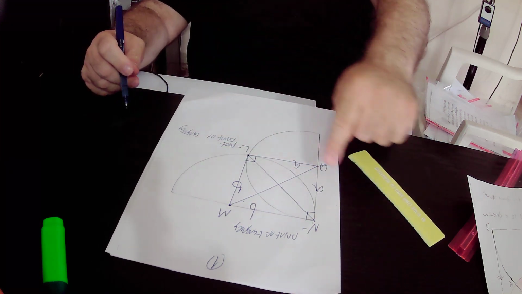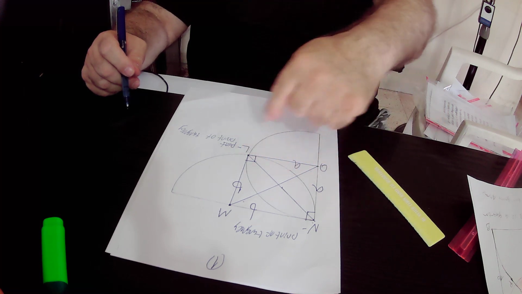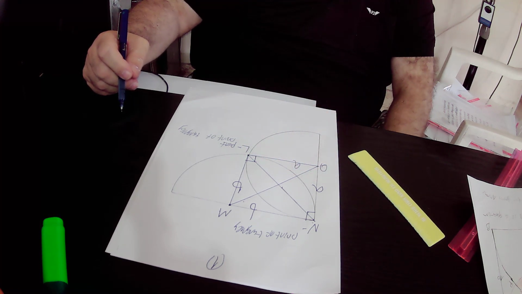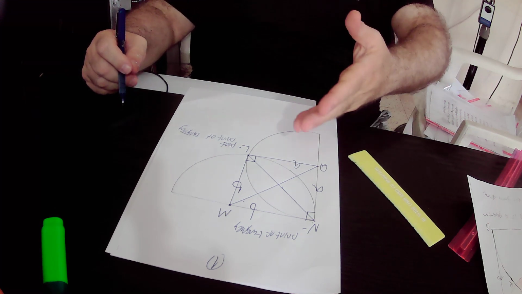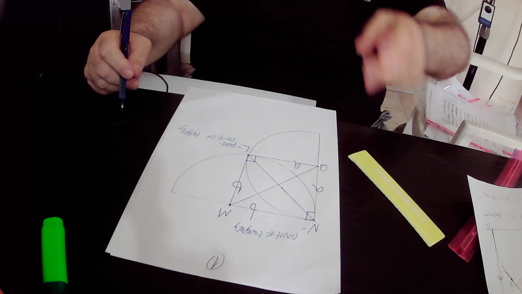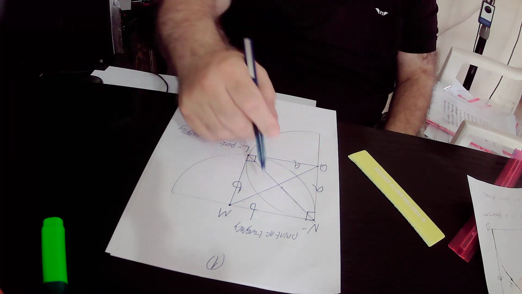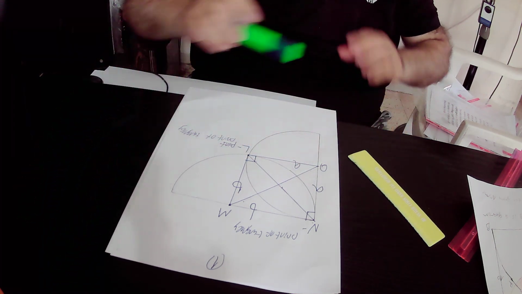The straight line NL divides the lens into two parts. So we will find the area of each part, and we'll add the two areas together, and this will be the area of this lens. Very simple. Okay?